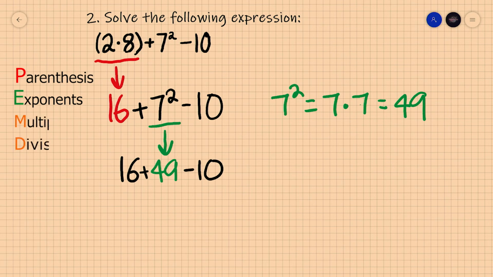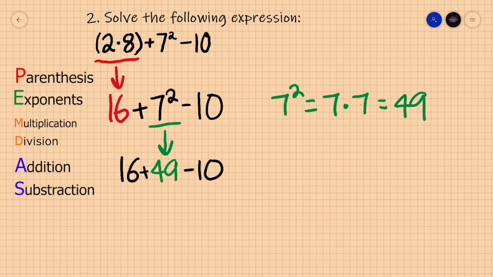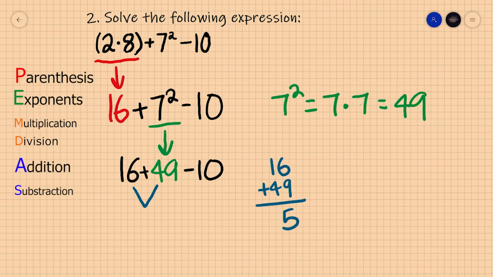Now you would have to do multiplication and division. However, once again, there's no multiplication and no division in this equation, so you don't need to do it. You can just skip it and go to addition and subtraction. First you would get 16 plus 49, and let's do the math quickly together. 16 plus 49 is 65.